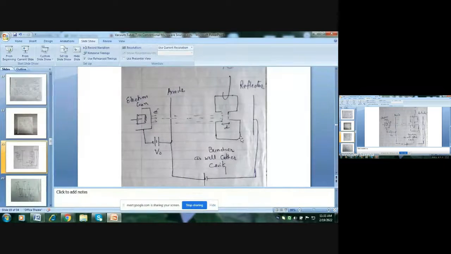So there is a change in phenomena due to this negative potential or negative field.